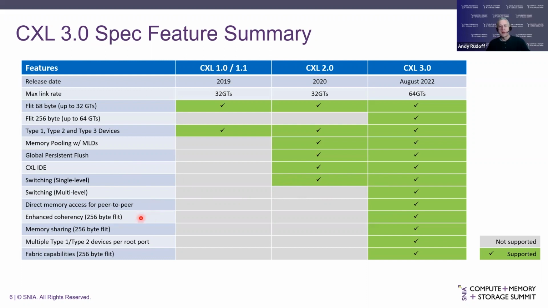This enhanced coherency, memory sharing, which is completely new in 3.0, and some flexibility on the types of devices that you can have per port, and then the fabric capabilities. So I'll go through some of these in a little more detail, and again, you can find a lot more detail on the CXL website.